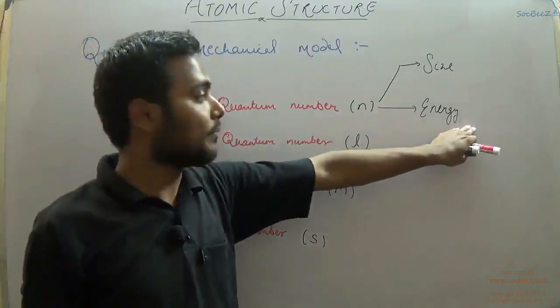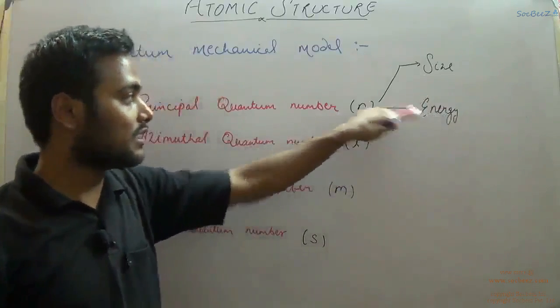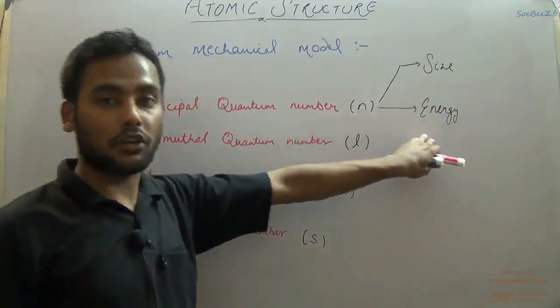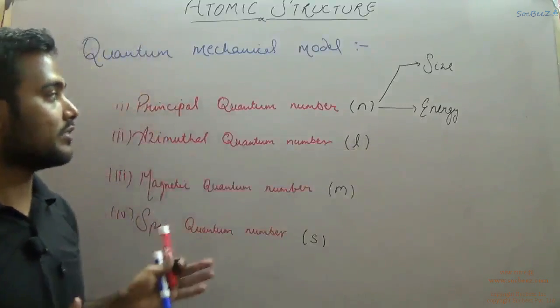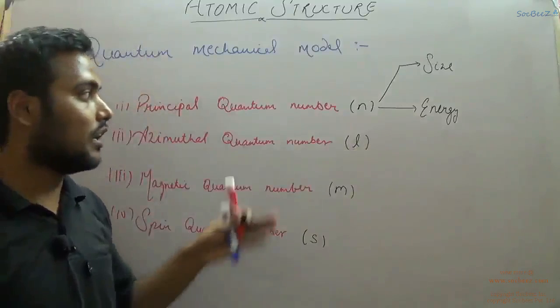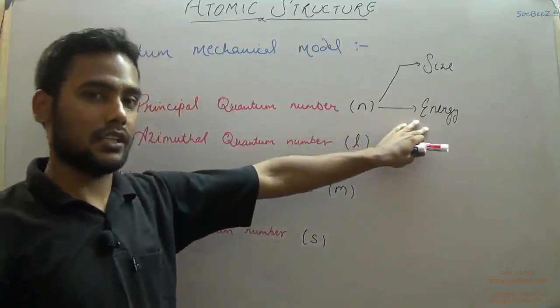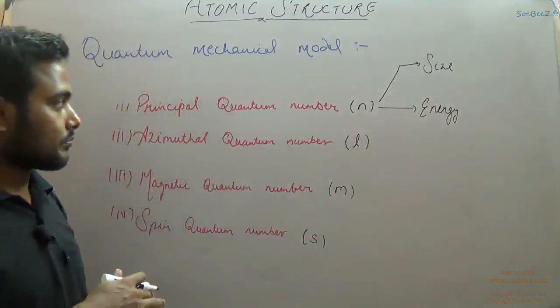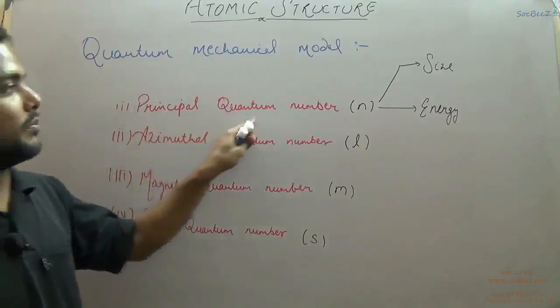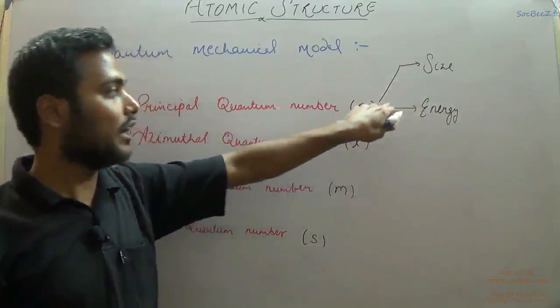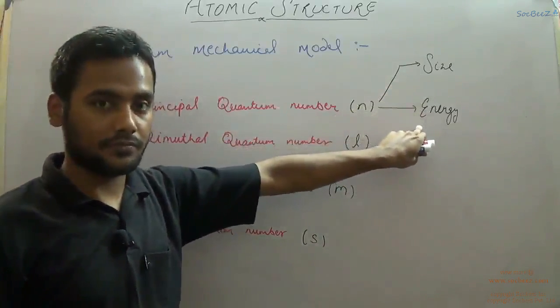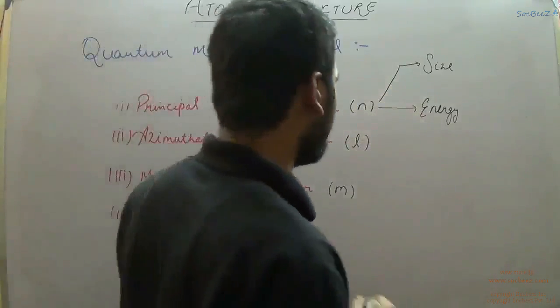In case of a many-electron system, this constitutes the majority of the energy. In case of the hydrogen atom, N constitutes the exact energy. So the principal quantum number gives us information about the size of an atom and the energy.